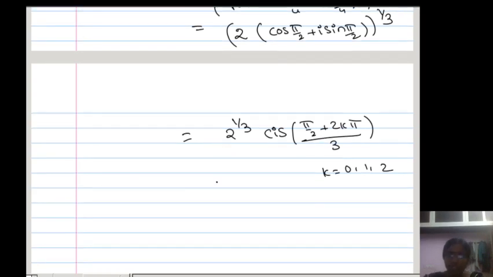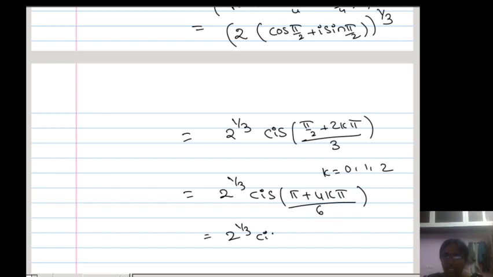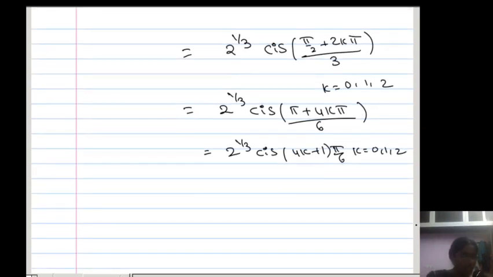Now simplify this, we get 2 power 1 by 3 cis of (pi by 2 plus 2k pi) by 3, LCM 2, so 4k pi plus pi by 6. Simplifying, we get 2 power 1 by 3 cis of (4k plus 1) into pi by 6, where k is equal to 0, 1, 2. So how many values? 3 values exist here.